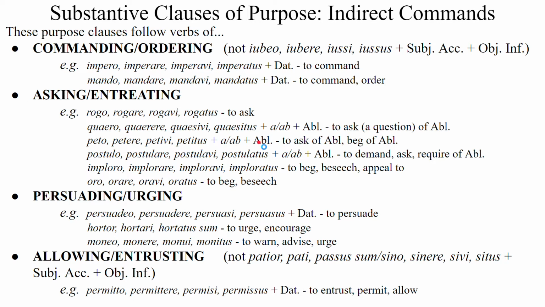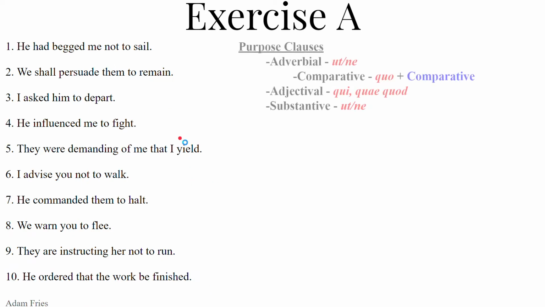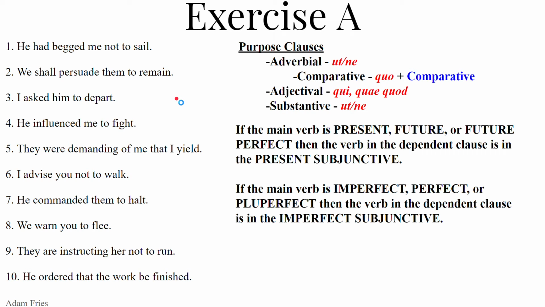It's a verb meaning to beg of someone. We can use imploro, implorare, imploravi, imploratus, like the English implore. It is a transitive verb taking the accusative, as well as oro, orare, oravi, oratus, to beg or beseech, also taking the accusative case. And I'm going to use oro, orare, oravi, oratus.